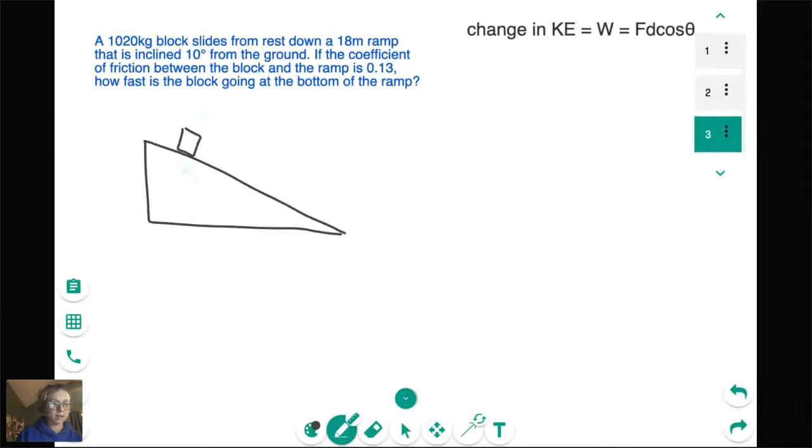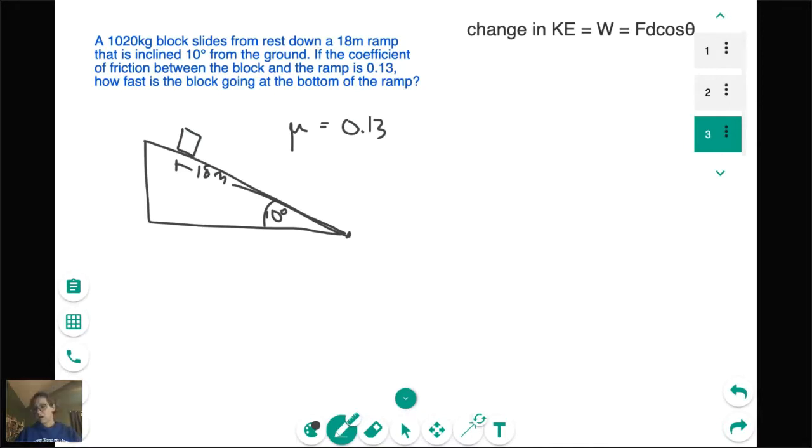The length of the ramp is 18 meters, and the angle of the ramp is 10 degrees. We are given that the coefficient of friction between the block and the ramp is 0.13. And we want to know how fast the block is going at the bottom of the ramp.